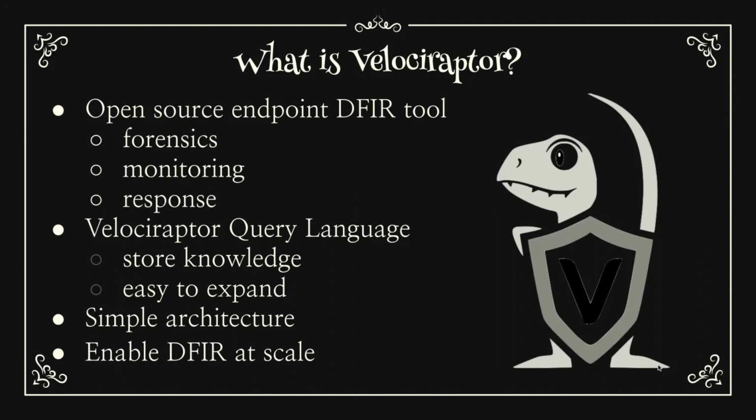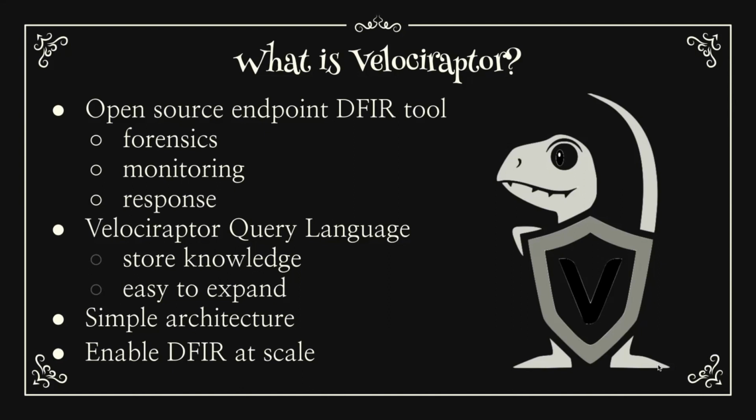VQL is used essentially to store knowledge. And we have a term called artifacts that is a store of this DFIR knowledge that lets you apply it very easily, share it, and expand various use cases in the DFIR world effectively.